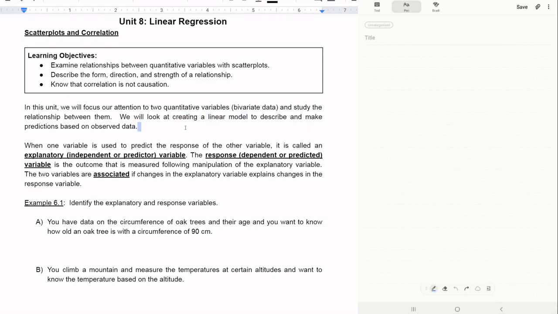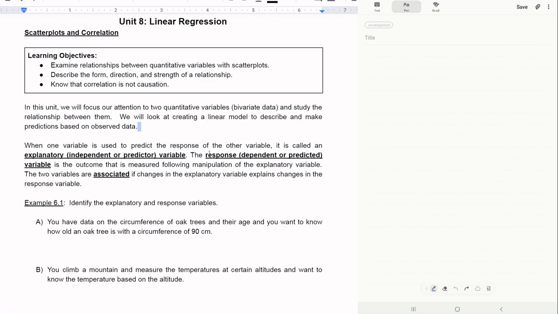We'll first start with a few definitions. When one variable is used to predict the response of the other variable, this is called the explanatory, or sometimes the independent or predictor variable.